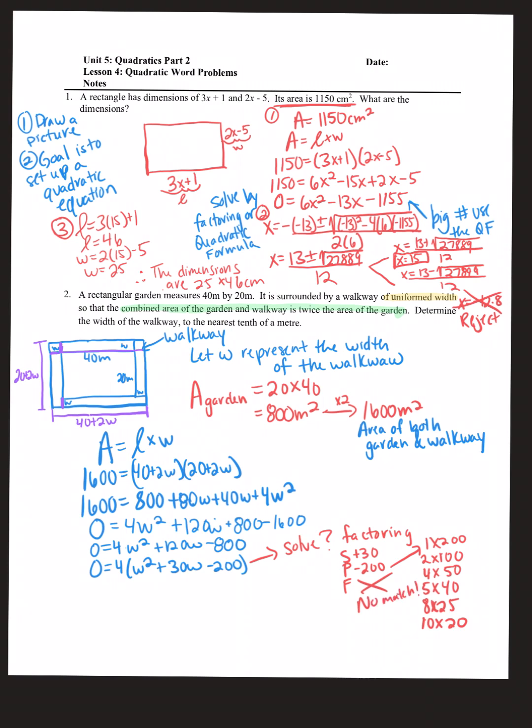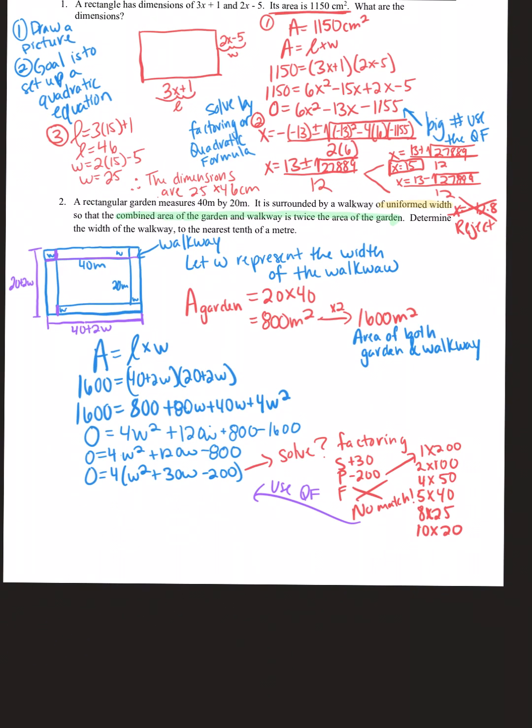Okay, so if we can't do this, then we're back to using the quadratic formula. Okay, so we'll use our quadratic formula. And remember, our quadratic formula is x equals. Well, in this case, we're dealing with w. So we're going to have w equals negative b, and then if we want to identify, we have a, b, and c.